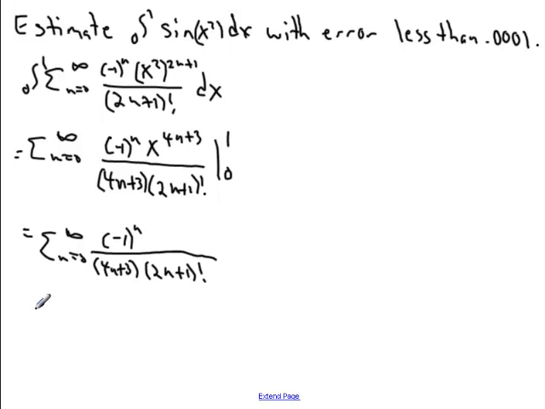back a few sections ago we found that the remainder, in absolute value, otherwise known as the error, is less than or equal to the next term for alternating series.